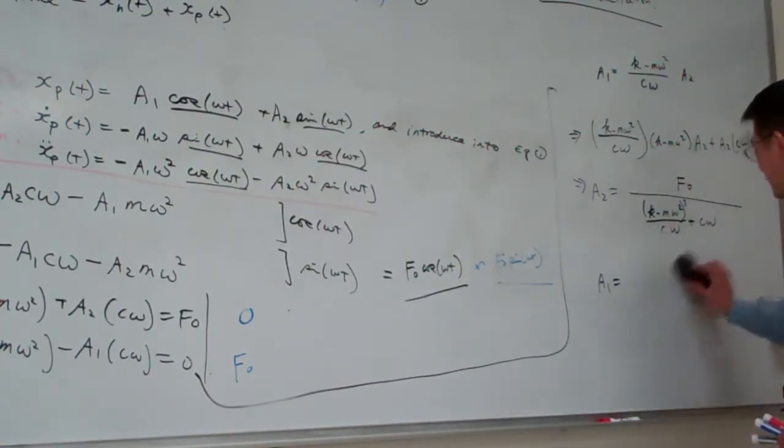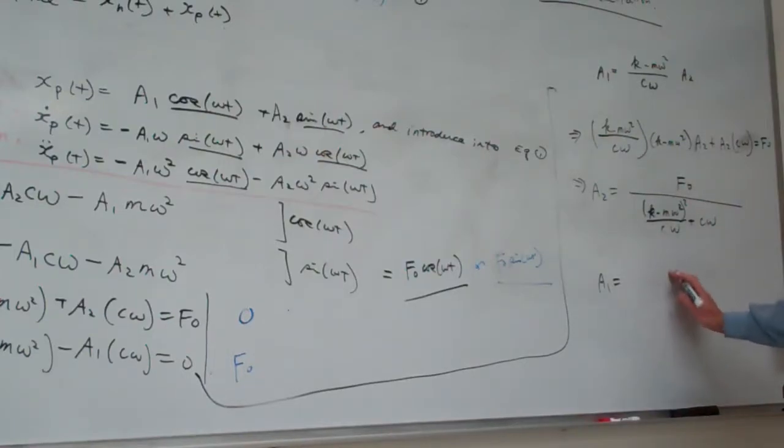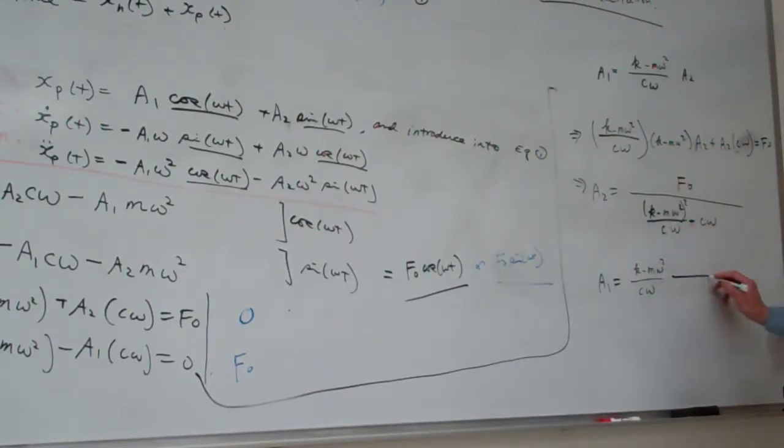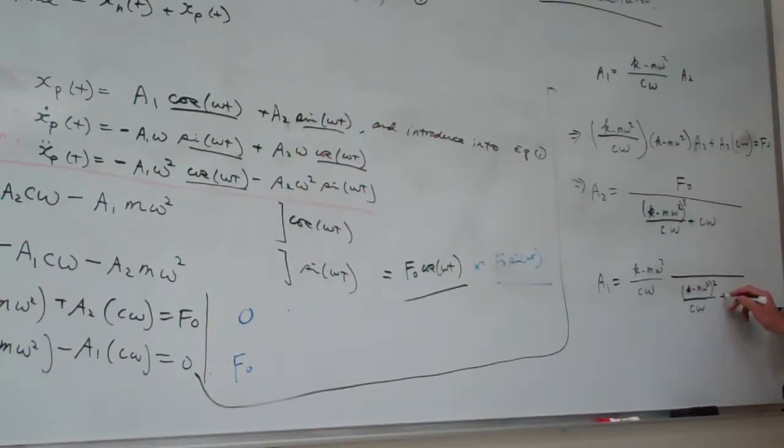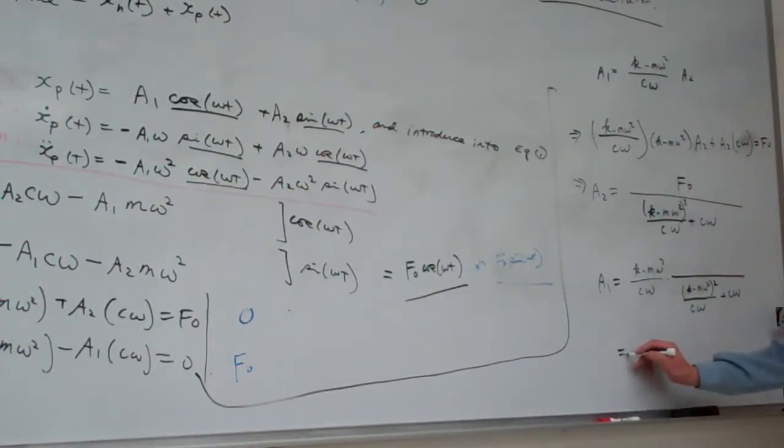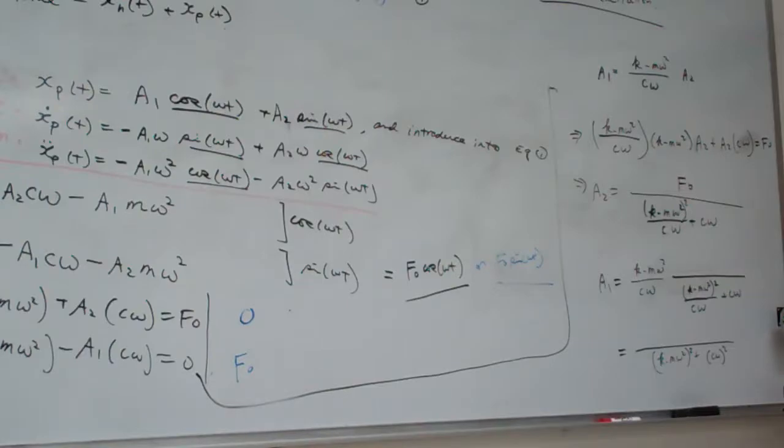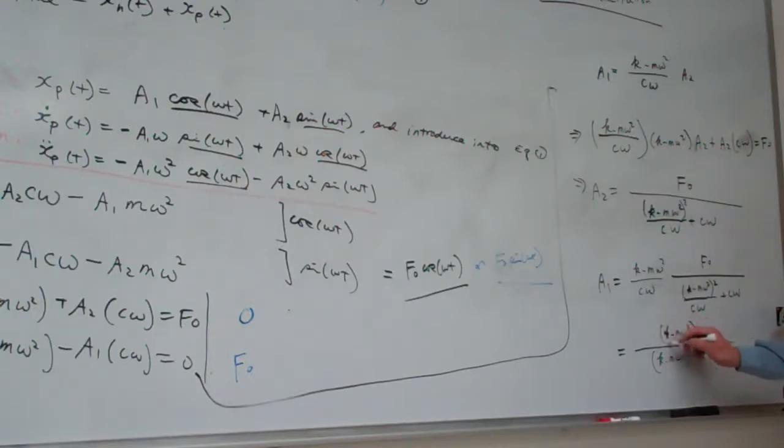Let me do this carefully. A1 equal to c omega (k minus m omega squared) times A2. This one will be equal to (k minus m omega squared) squared plus (c omega) squared, and so that should be (k minus m omega squared) times F naught.